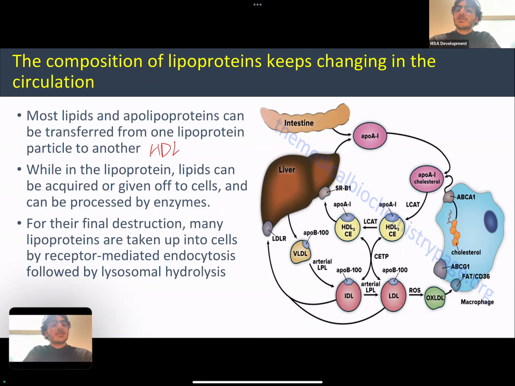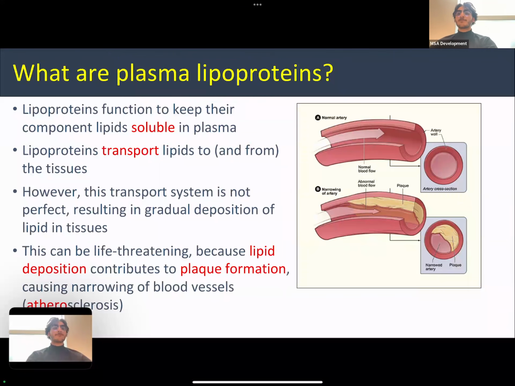HDL can, of course, transfer its lipids to LDL through CETP. Now, most lipids and apolipoproteins. Again, this is HDL, because HDL can donate its ApoEs and ApoCs to VLDLs and LDLs and all of these things.